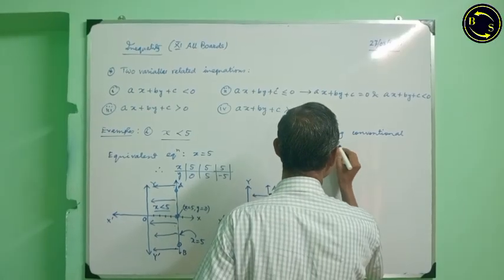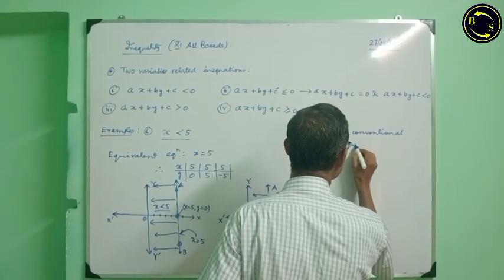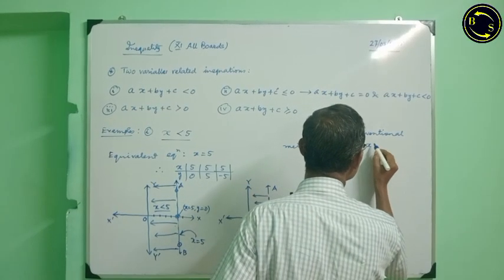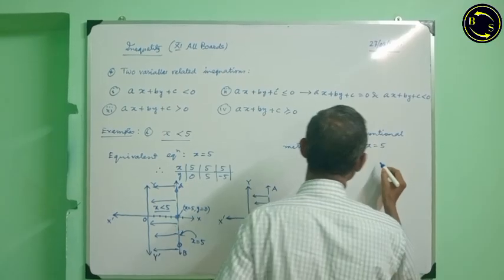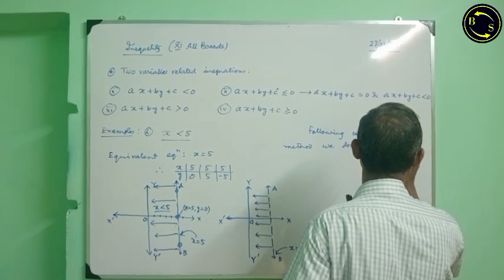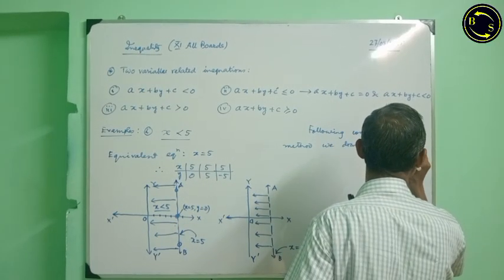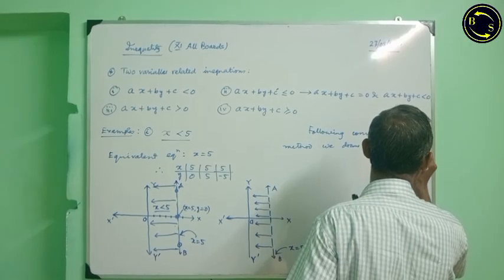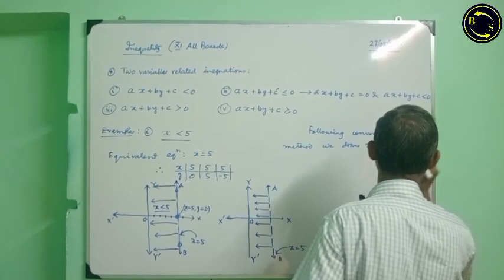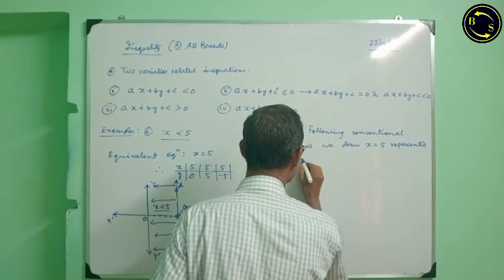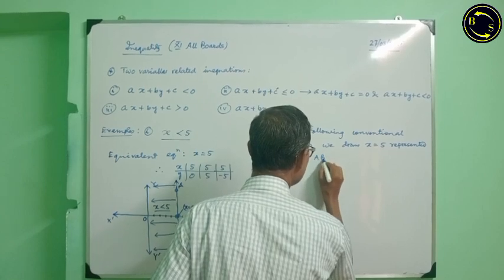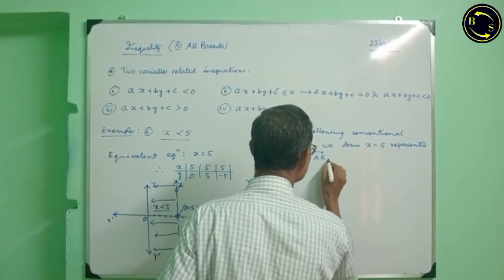We draw x equal to 5 represented by a straight line.